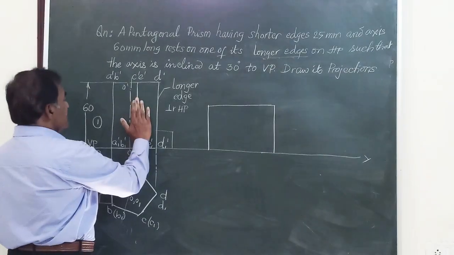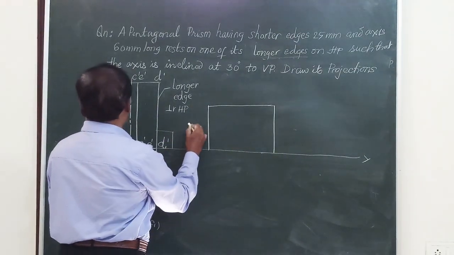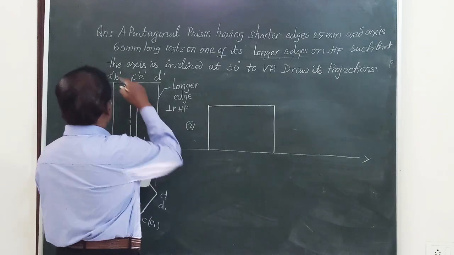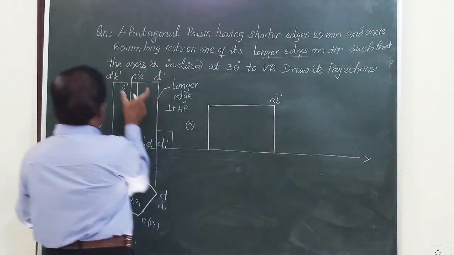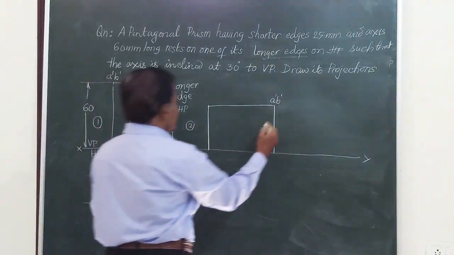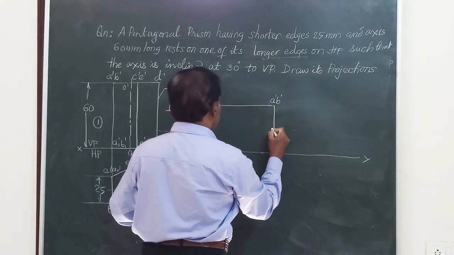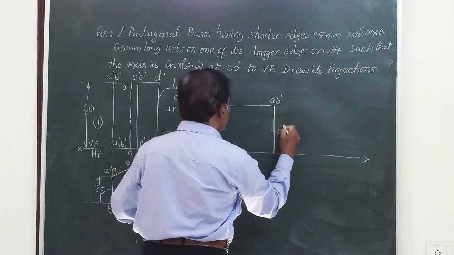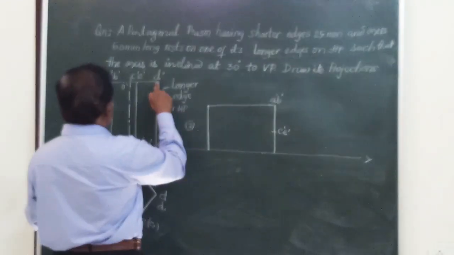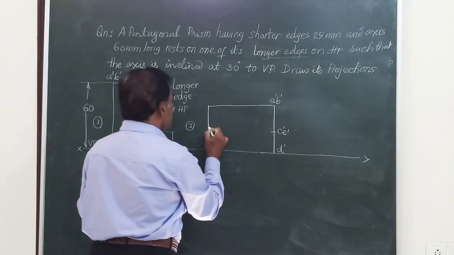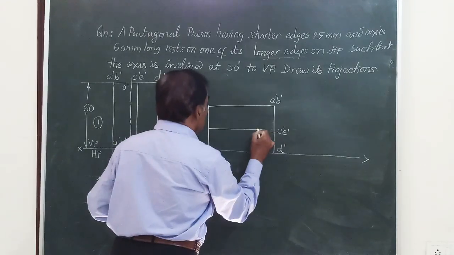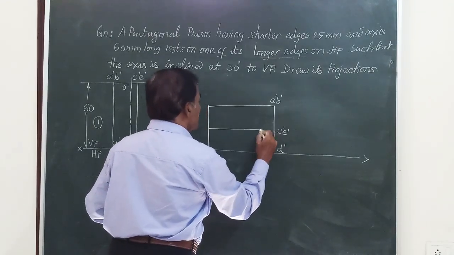So this figure is redrawn here as figure number 2. The topmost point will be A dash, B dash. Take this gap, mark C dash, E dash. So this will be C dash, E dash. Bottommost is D dash. Similarly for the bottom face of the solid, we mark like this.